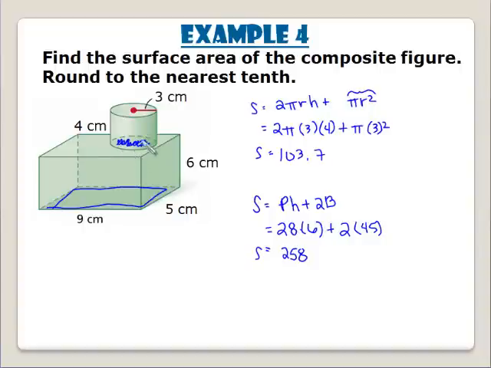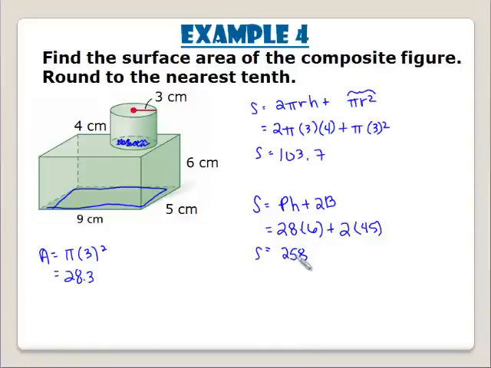Now I have to subtract that area as well because it's not showing as part of the surface of my prism. So let's go ahead and find the area of this circle and subtract that from the surface area of the prism. So the area of that circle, pi times the radius, which is 3 squared. 3 squared is 9, and then 9 times pi is 28.3.